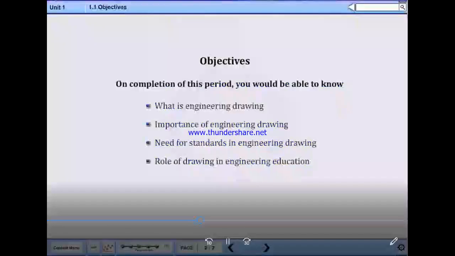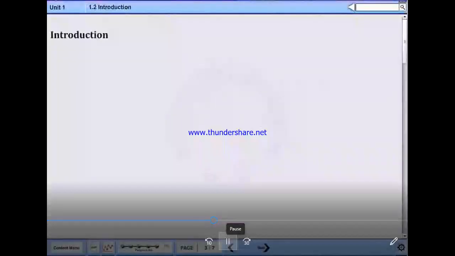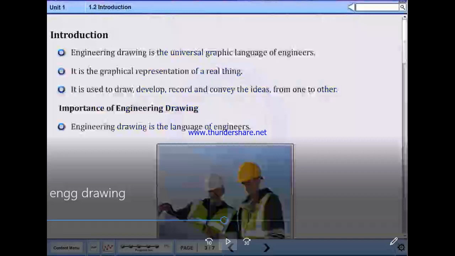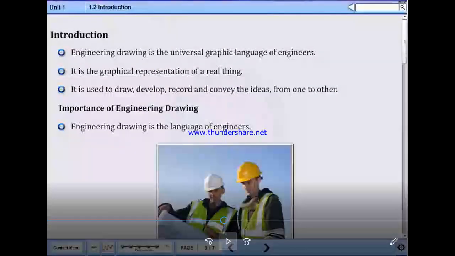So now let us start the importance of the engineering drawing. Let us give the introduction to engineering drawing. Engineering drawing is the universal graphical language for engineers. It is the graphical representation of real things. It is used to draw, develop, record and convey ideas from one to another.